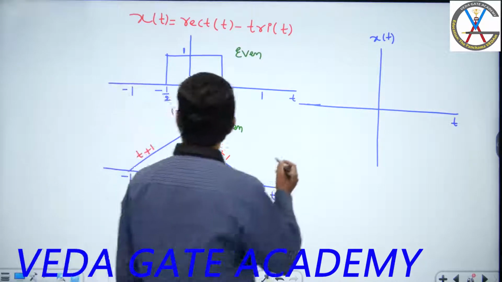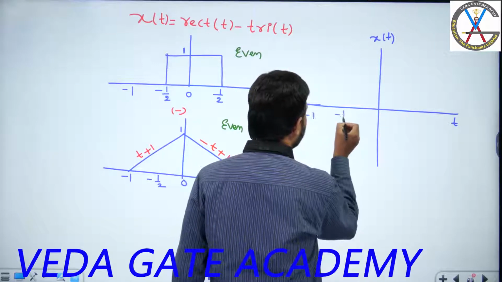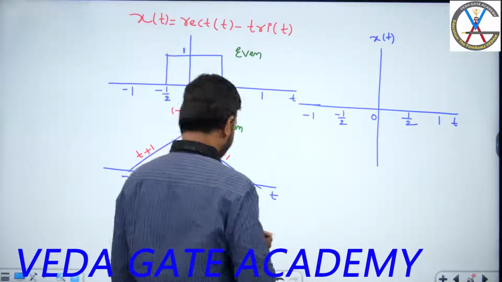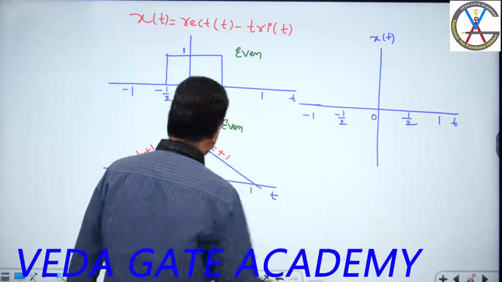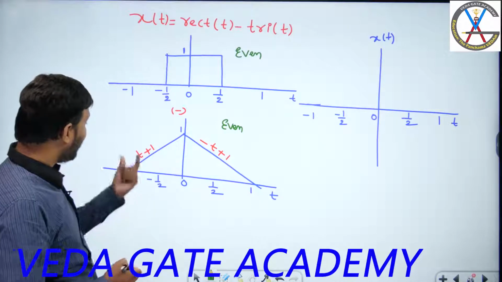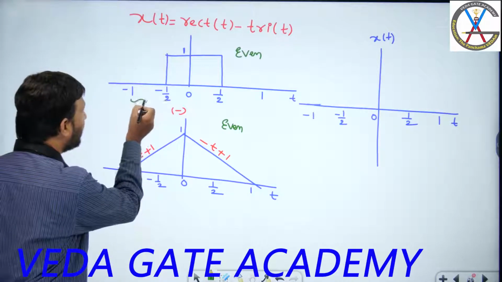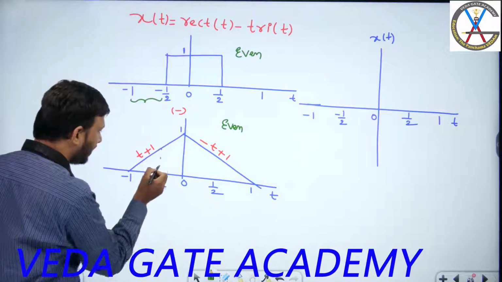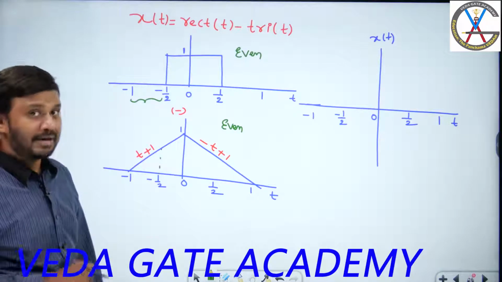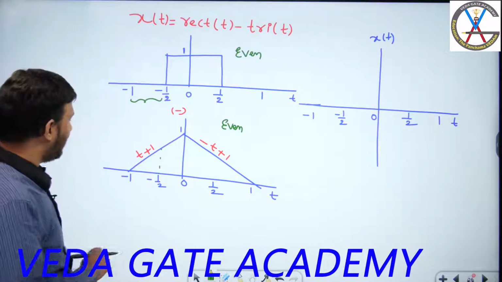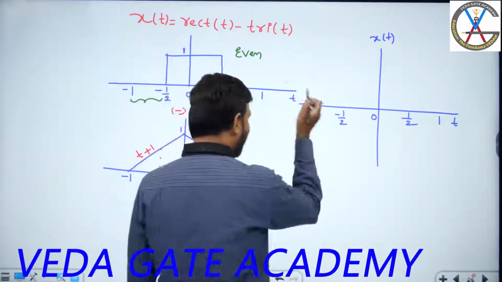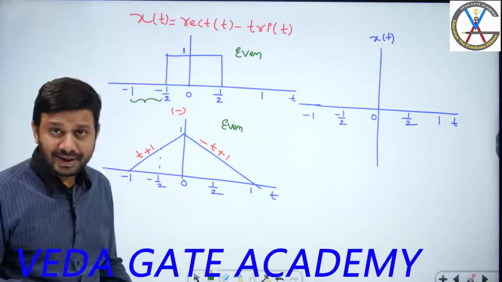-1, -1 by 2, 0, 1 by 2, 1. This is 0. This is t plus 1. What happens if you subtract t plus 1 from 0? From here to here, this is 0. From here to here, this is t plus 1. 0 minus of t plus 1 is minus t minus 1.